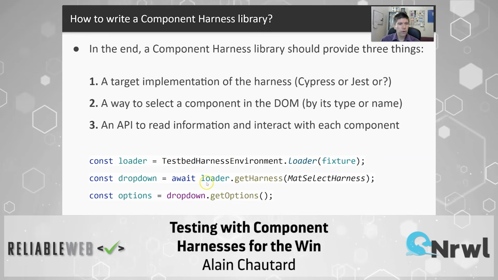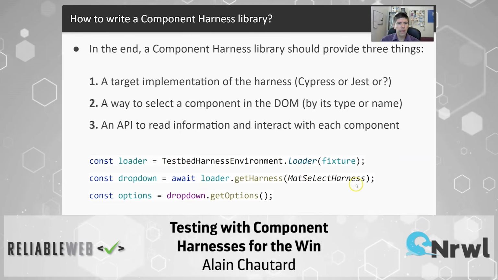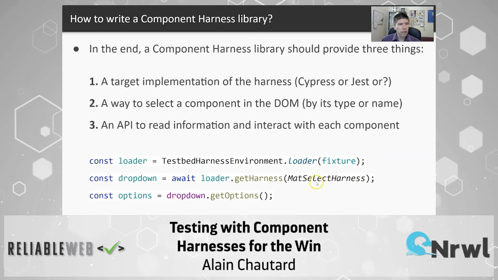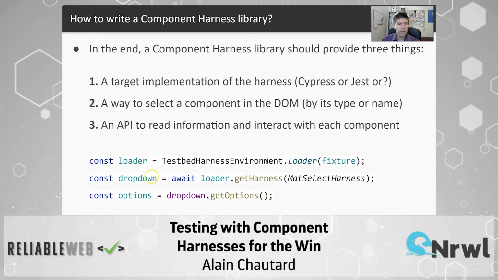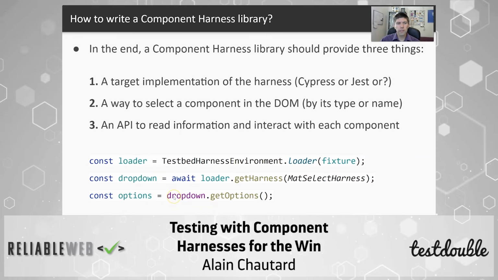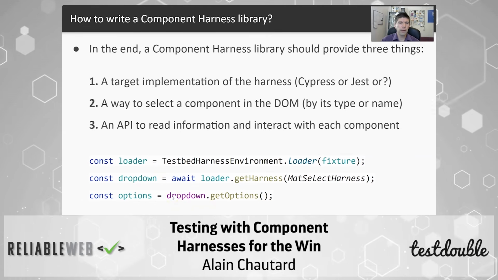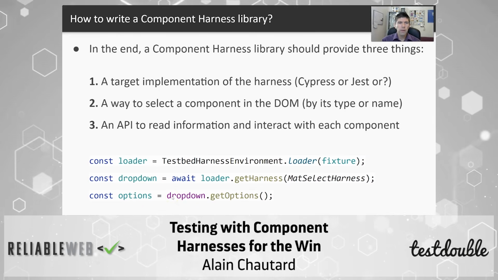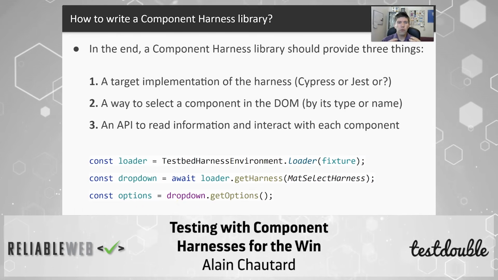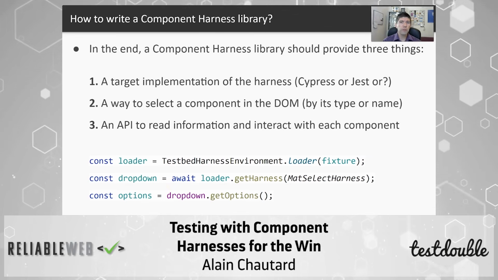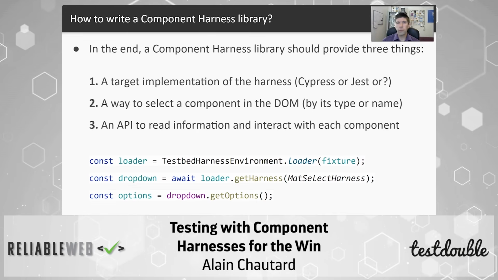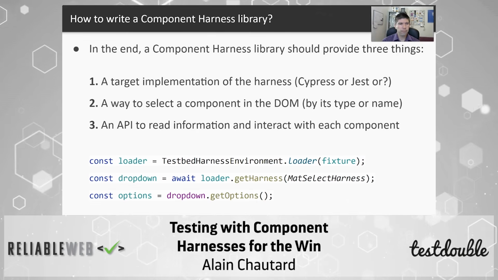Once you have that loader, you're going to query it and say, hey, I want the select drop-down harness. And once you have that harness, you can interact with it and get the options of that drop-down, for instance. So you have access to the API. So it's really all about give me the harness for my target environment, query the DOM and find a specific component that I want to interact with, and then interact with it using the harness API.